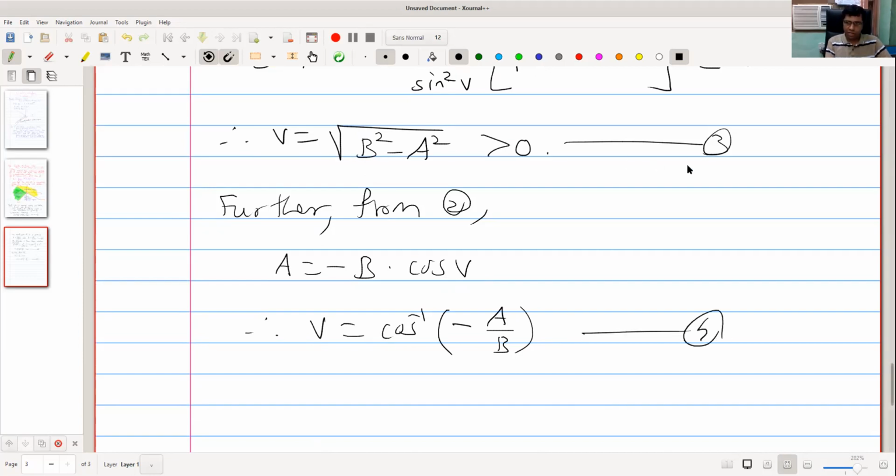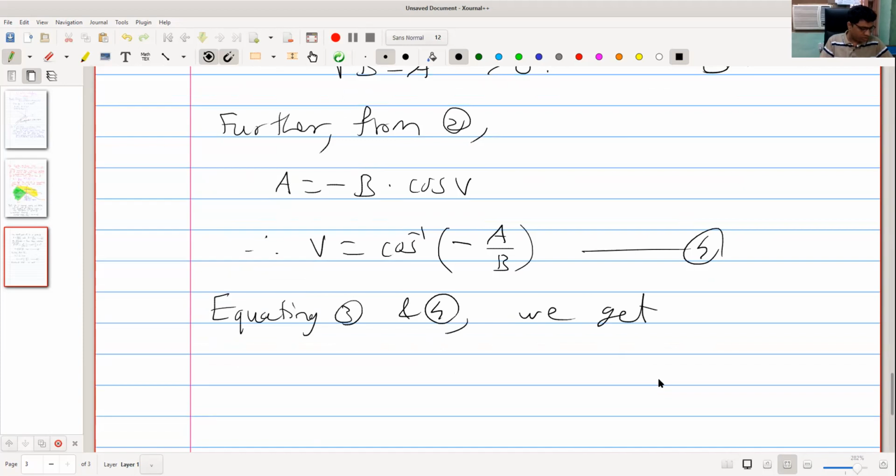Now we equate 3 and 4. Equating 3 and 4, we get square root of B square minus A square equal to cos inverse minus A upon B. So this is relation in capital A and capital B. So this is equation of second branch of C0.